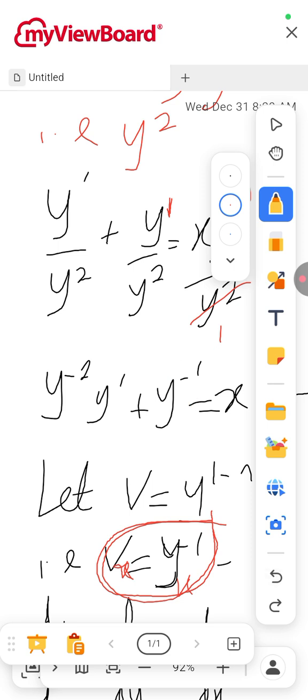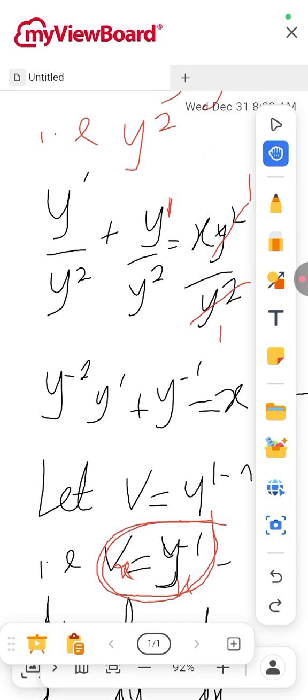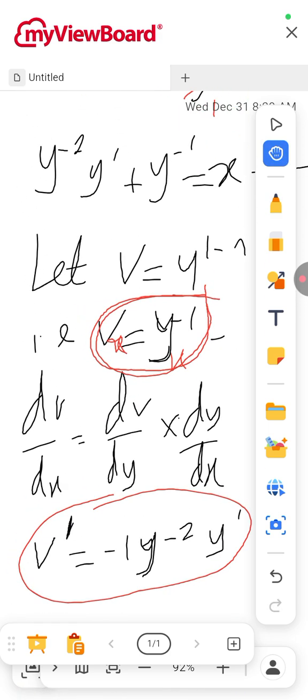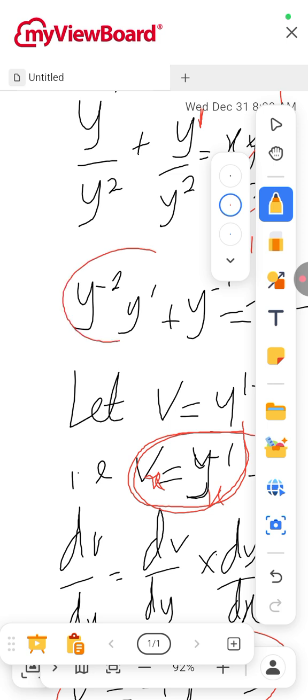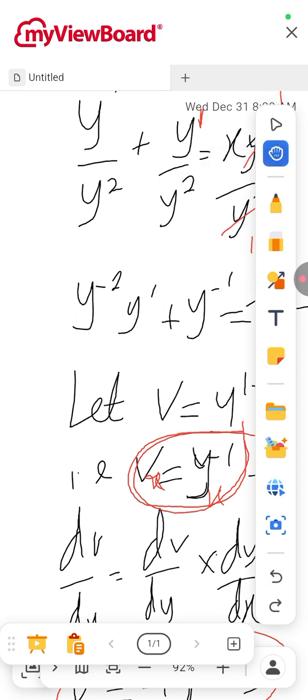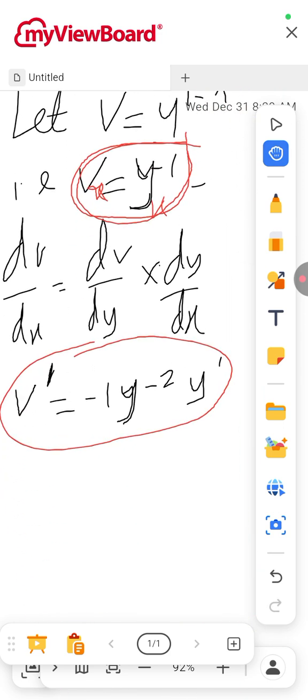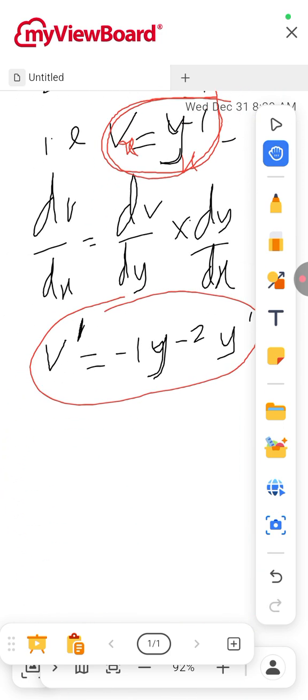Is that clear now? Then you also see that there is y raised to power minus 2 times y prime here. That's a dy dx. So I will replace that with minus v prime.